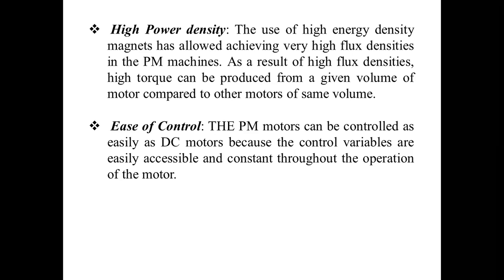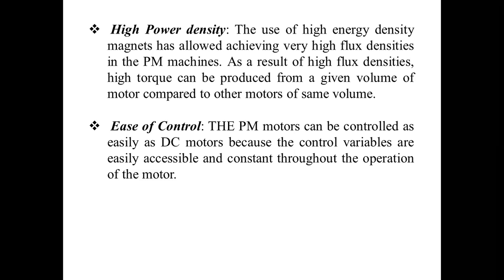But what should happen is, whenever the size is reduced, the power capacity equally increases, or the power density can be increased. There is a possibility. Why? Because so many advantages have been considered on that particular machine. That is the winding.